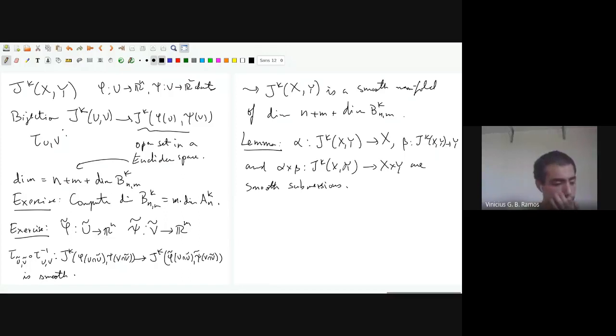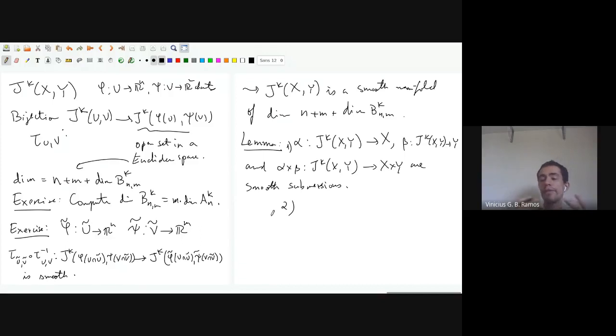Okay? So, well, let me say this is number one. So the fact that they're surjective is pretty easy. And then they're submersions. Again, if you look in charts, it's really not very hard to see that.